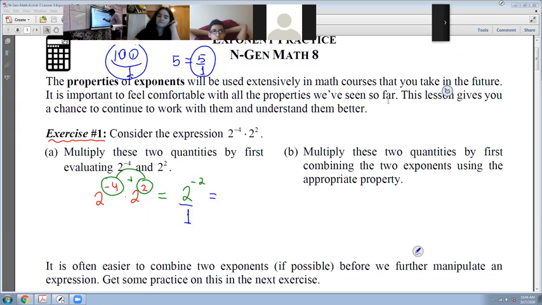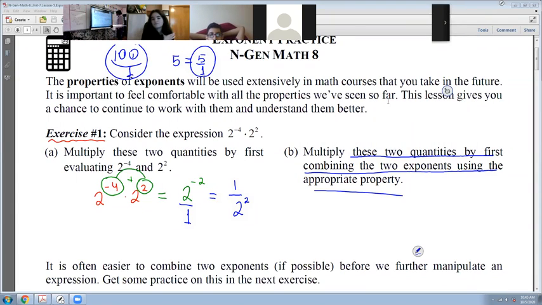Now, 2 over 1. If you flip it, what will it be? 1 over 2. But when you flip it, this -2 will be +2. Alright? So that's it. Multiply these two quantities by first combining the two exponents using the appropriate property.